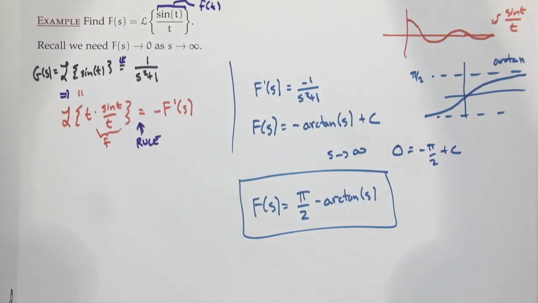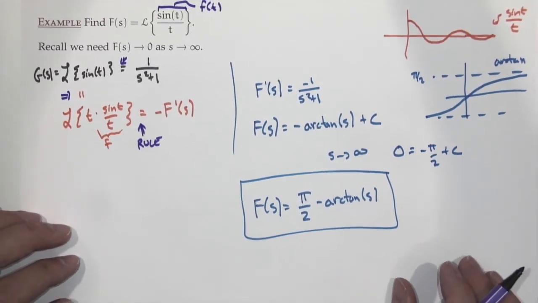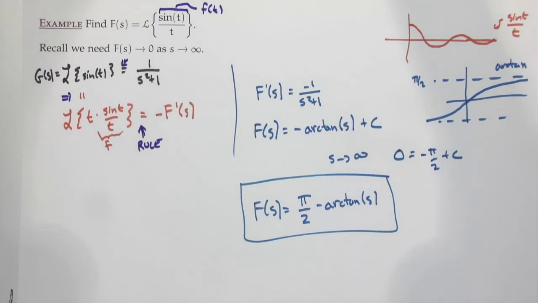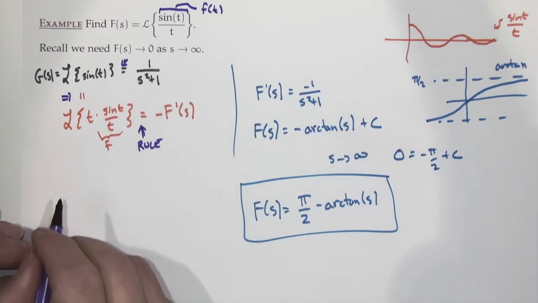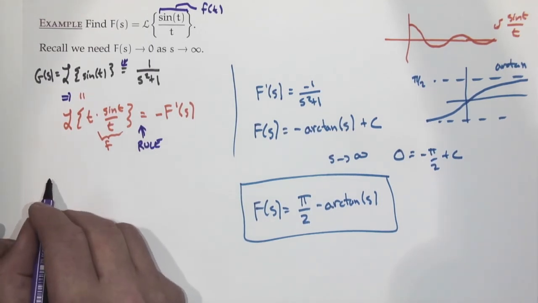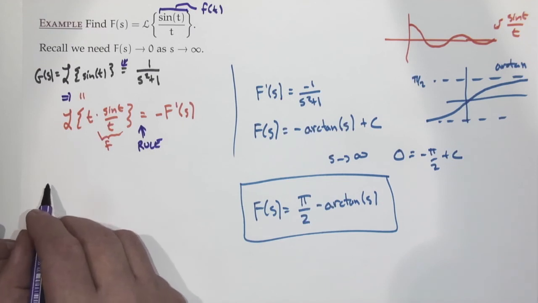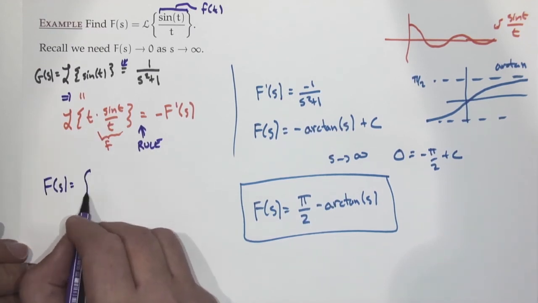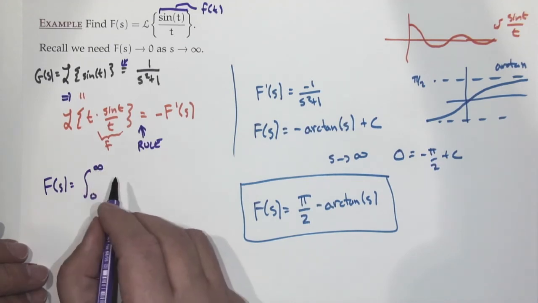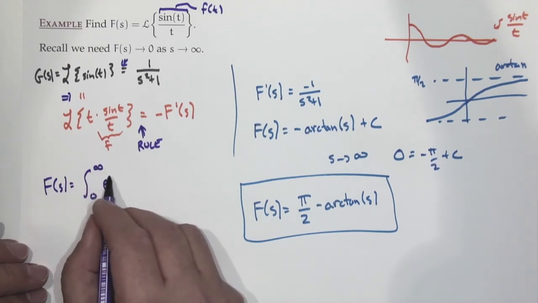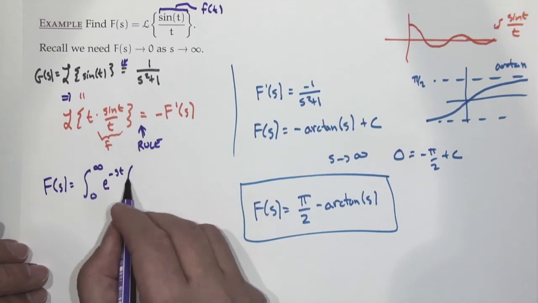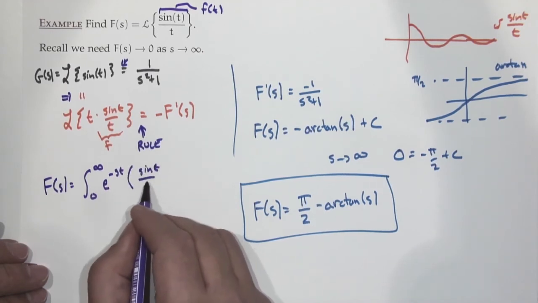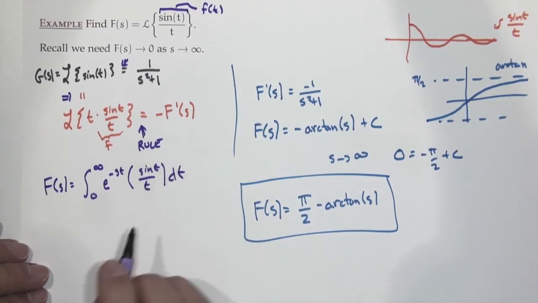All right. Here's a fun fact. This is true. But that's not the fun fact. Remember what the Laplace transform looks like? Well, it says that f of s is the integral 0 to infinity of e to the minus st times sine of t over t dt.